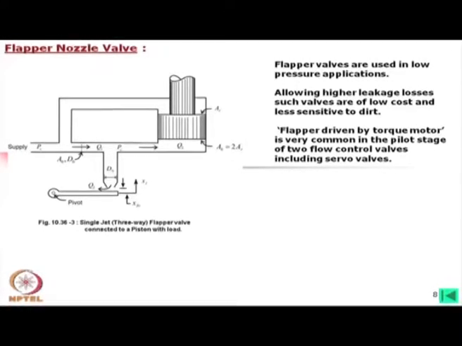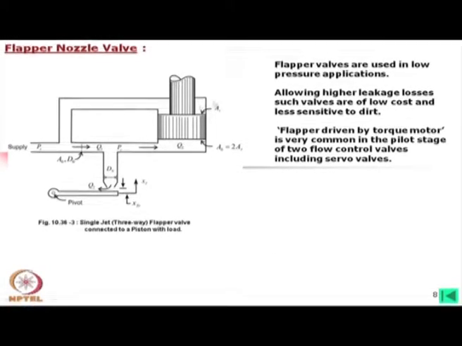You will find this first stage usually made of a flapper nozzle, but here I would like to mention that the flapper nozzle is normally a double flapper. That means on the other side also there will be such a nozzle, and flow comes this way and from the other way, but what I have shown here is a single one, and our basic analysis will be done only on the single one.